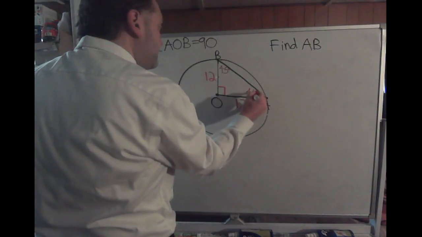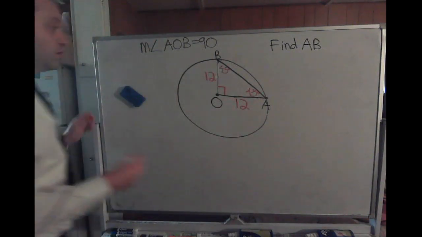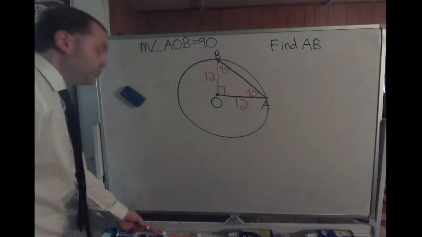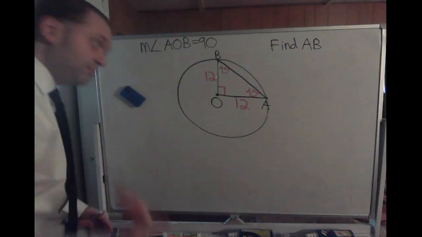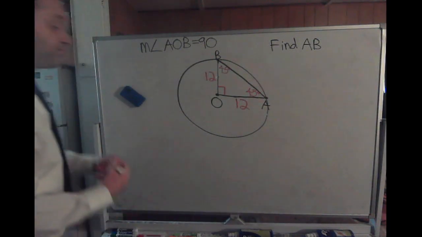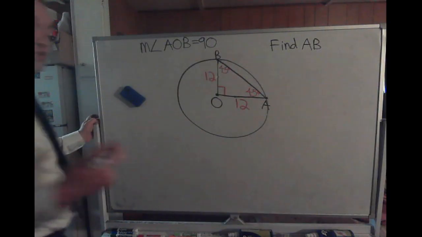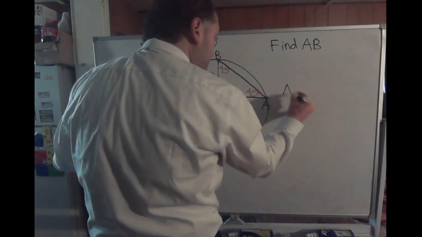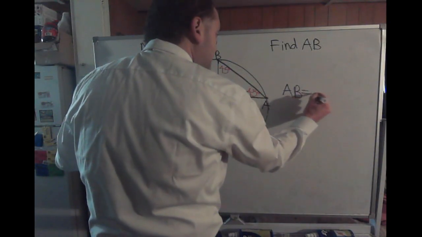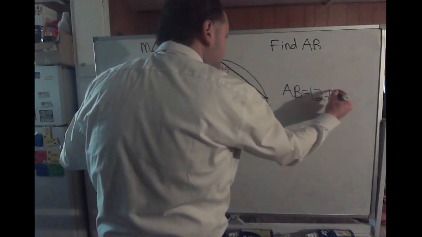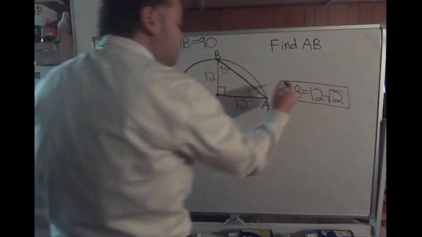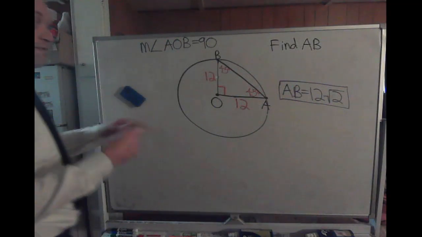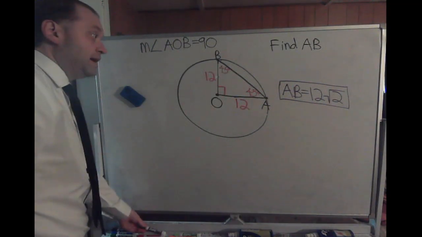And in a 45, 45, 90 triangle, isn't it true that the hypotenuse, which would be AB, is the square root of 2 times a leg? So the length of AB, in this case, would equal 12 times the square root of 2, because we formed a 45, 45, 90 triangle.